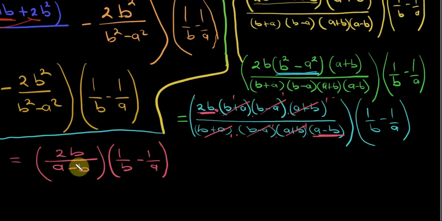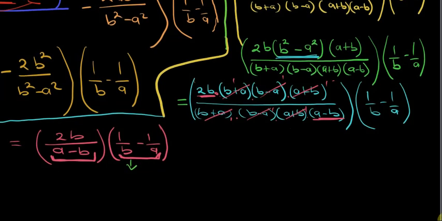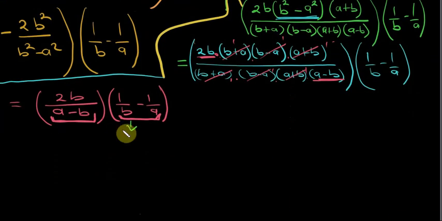So this is now a single fraction. Good work. Now let's also make this into a single fraction. So that will be 1 over b minus 1 over a.